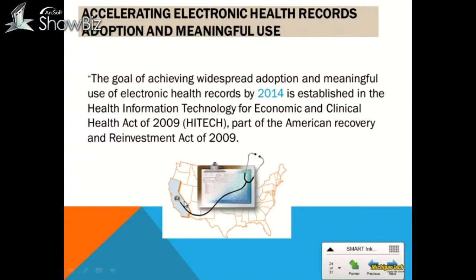In fact, we just have 2 years to go. This is established in the Health Information Technology for Economic and Clinical Health Act of 2009, part of the American Recovery and Reinvestment Act of 2009. First, they hope that every hospital in the whole United States can adopt the EMR.